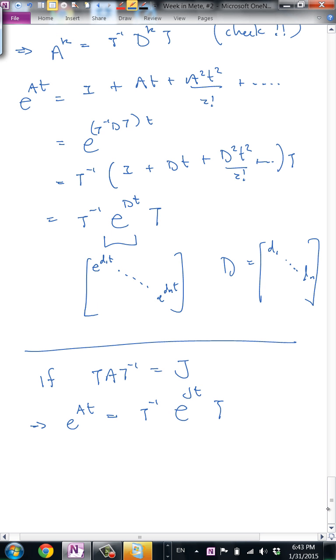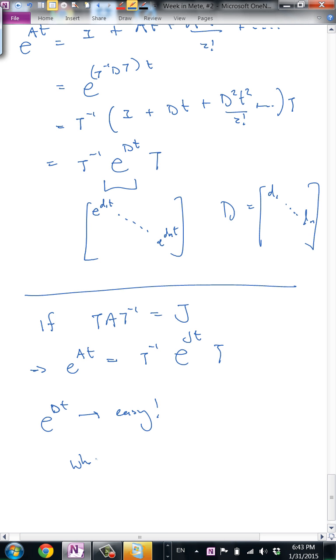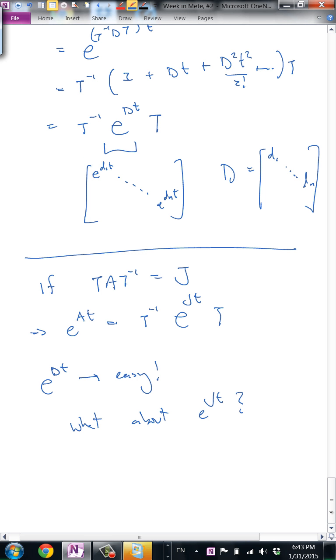Now the nice thing about e to the Dt, it was easy to understand what it means, easy to understand stability, but what about e to the Jt? And this is finally what we showed we could also do.